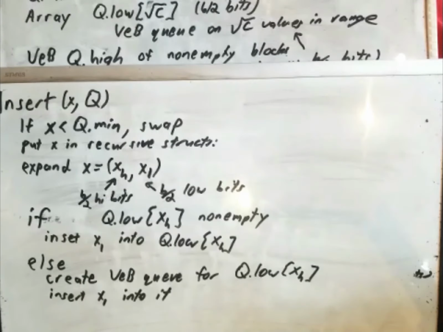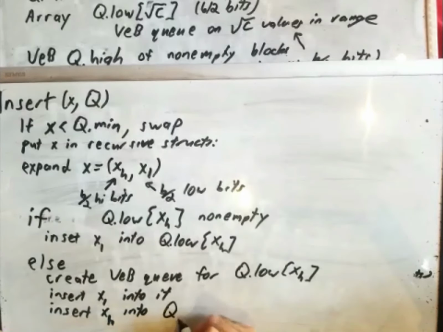But I have to do something else. I've just created a new second level block. So what do I have to do to keep track of that in my data structure? You have to put XH into Q dot high. Exactly. I have to note that there is now a block in Q dot low of XH.